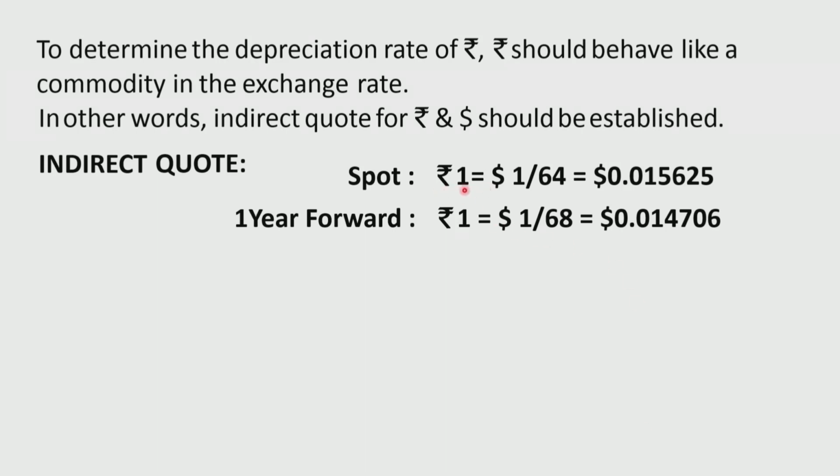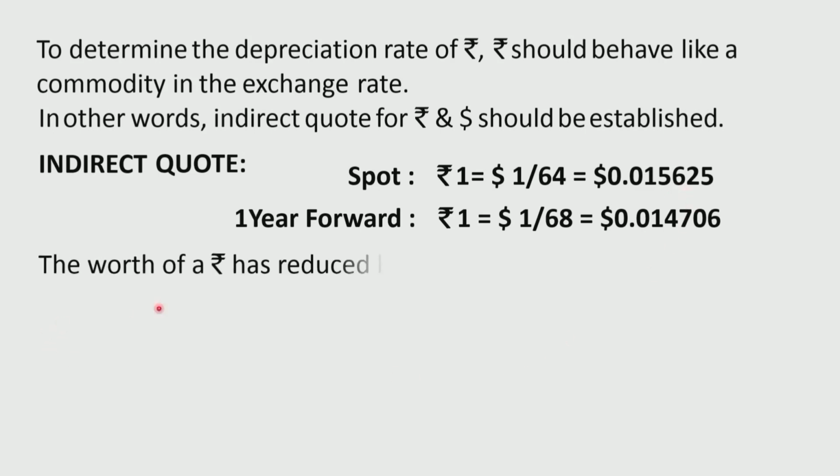Now look into one thing what we have got. We have got the value of rupee 1 in today's terms, and we have got value of rupee 1 one year forward. This is the value of rupee 1 today and this is the value of rupee 1 expected after 1 year. And we find that this expected value after 1 year is less than the spot value of rupee. As a result, rupee is definitely depreciating.